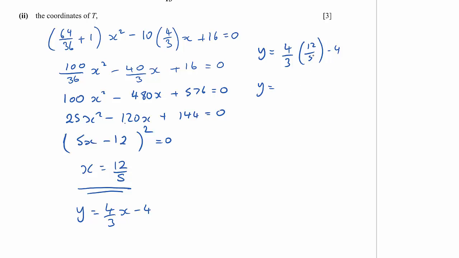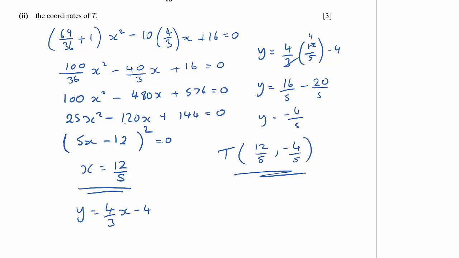Those will cancel. So that's going to be 16 over 5, take away 4, which is 20 over 5. So that's going to be negative 4 over 5. So we have that T is the point (12 over 5, negative 4 over 5).